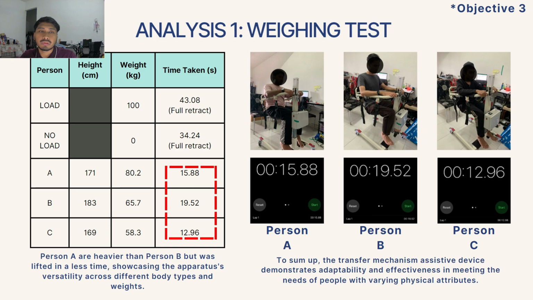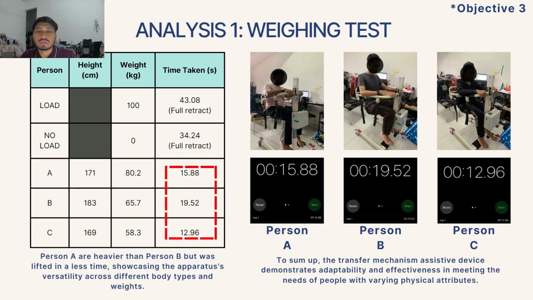As we can observe from this result, person A is heavier than person B but was lifted in less time. So it showcases the apparatus's versatility across different body types and weights.